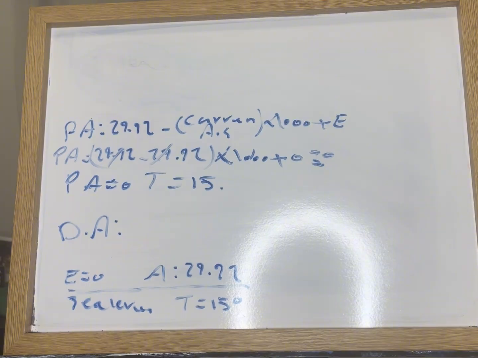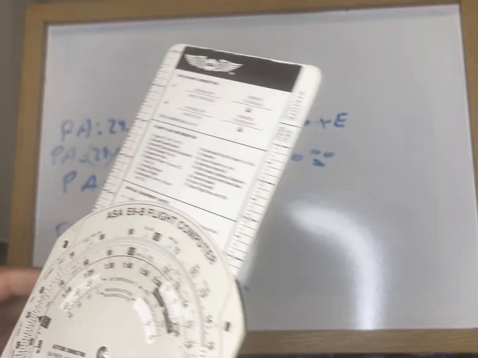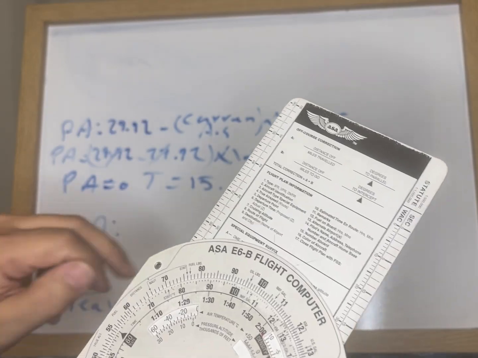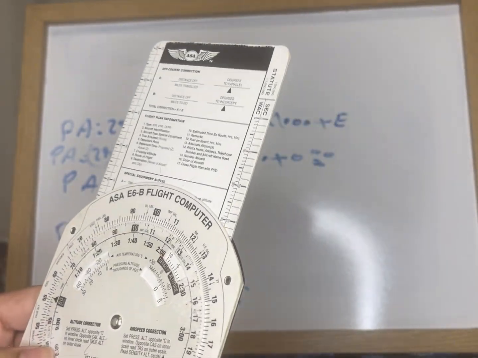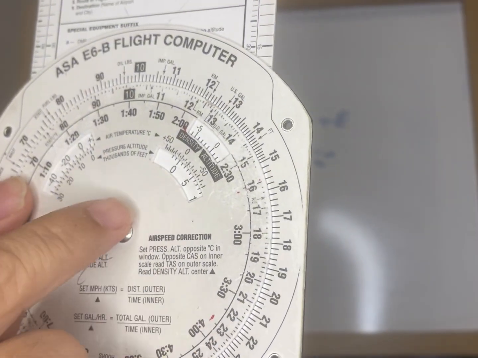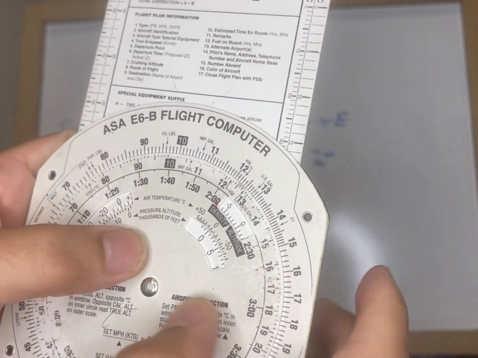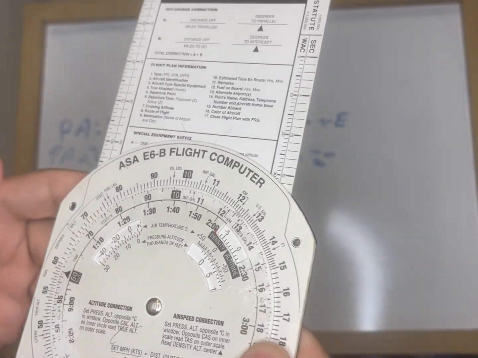To calculate density altitude, we need the E6B. We put the pressure altitude opposite the temperature. If you see in this window, we set the pressure altitude in thousands of feet.